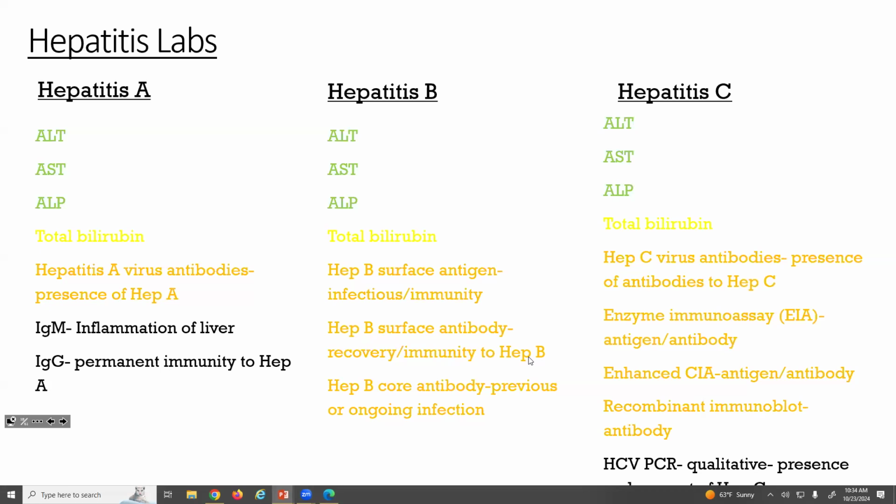If they have this IgG, they actually have immunity to hepatitis A. So that means at one point in your life or another, you can have come in contact with it, and you develop an immunity to it. Pretty interesting. And then it breaks down into B and C as well. So take a look at that. That's directly out of your book as well. So if you want to look more at the labs, it's in there.